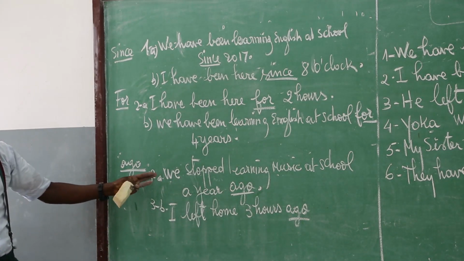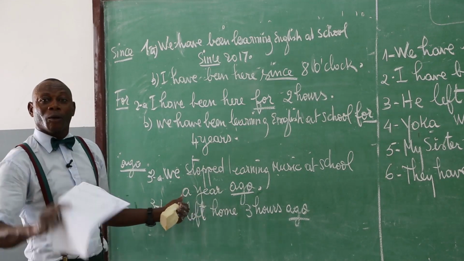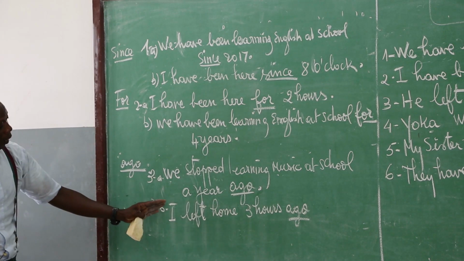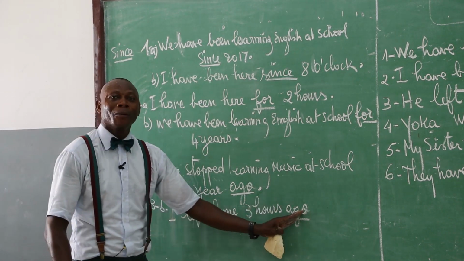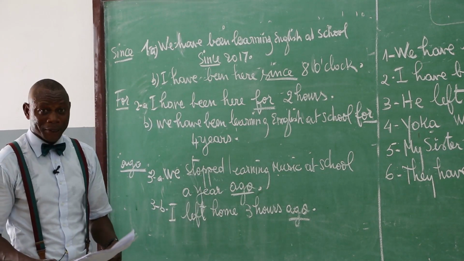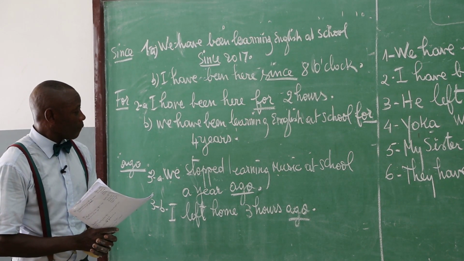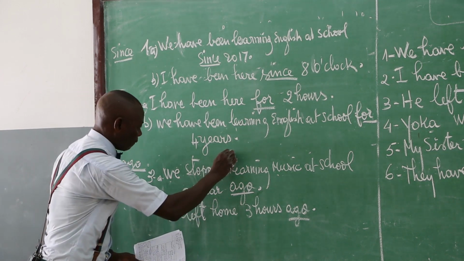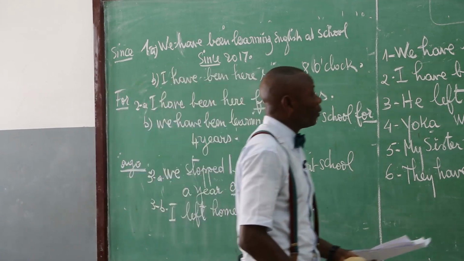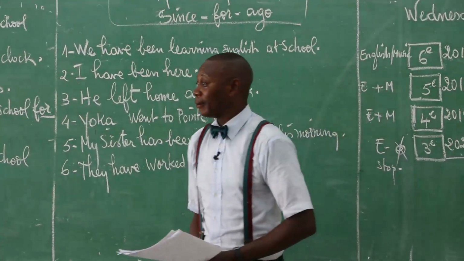With ago, we stopped learning music at school a year ago. 1 year ago. Secondly, I left home 3 hours ago. Good. Have you understood? Okay, I think it is understood. I want you to do this exercise now to check.